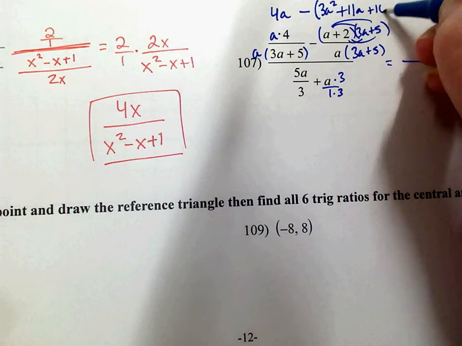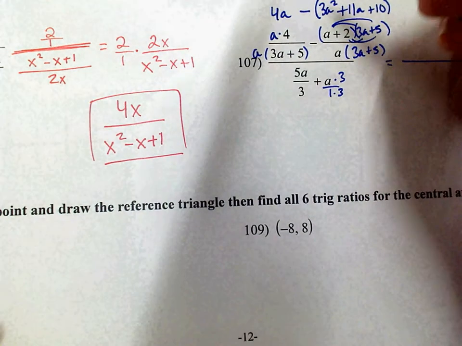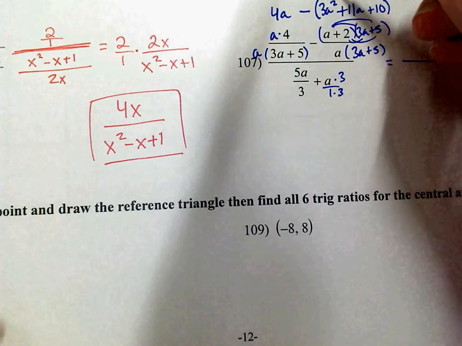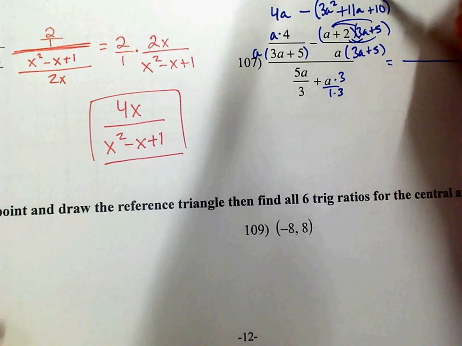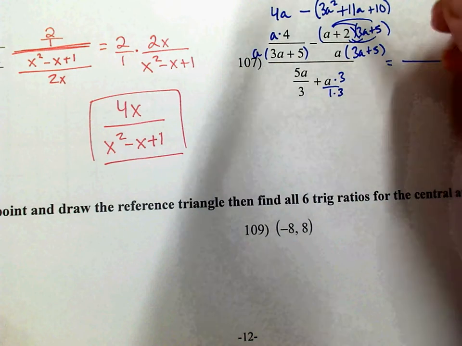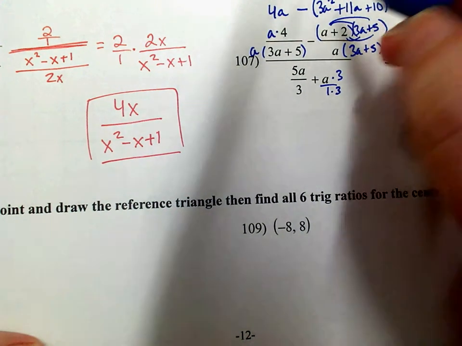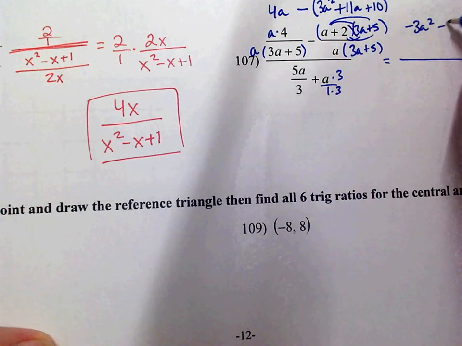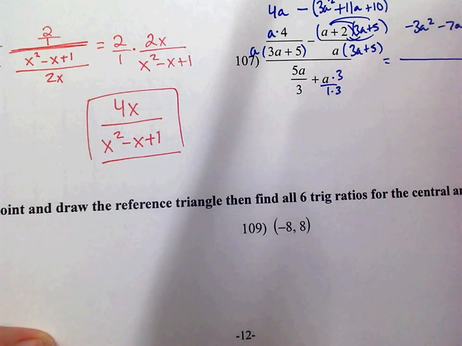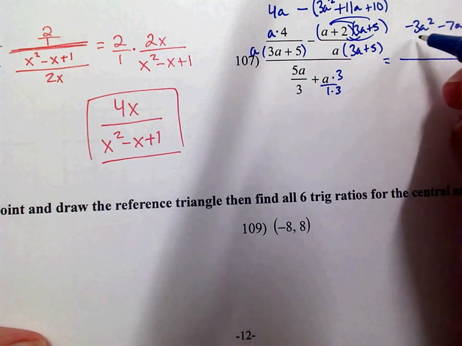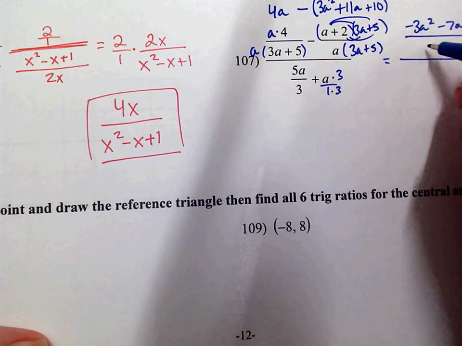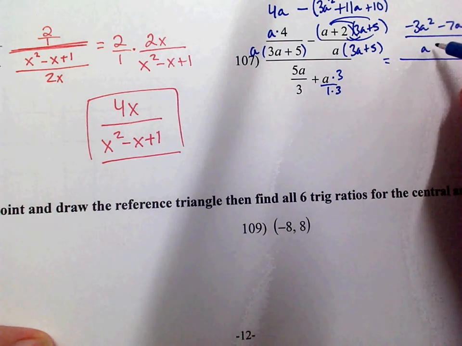So I've got 4a minus 3a squared minus 11a minus 10 when I distribute this minus sign. So I've got negative 3a squared, I've got 4a minus 11a, which is negative 7a, and then minus 10 over our common denominator of a times 3a plus 5.